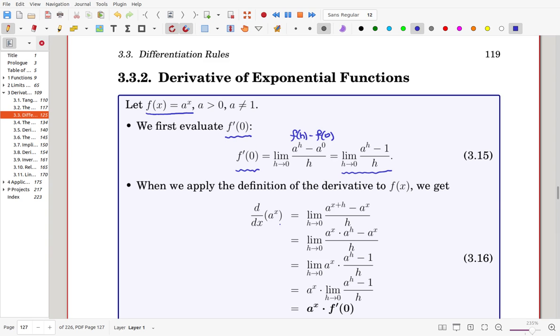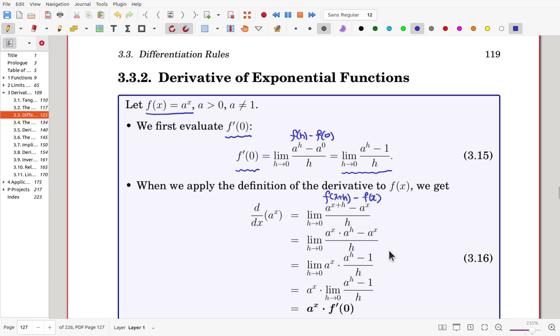So here, by using the definition, the derivative of a to the x is the limit as h approaches 0 of f of x plus h minus f of x, divided by h. So f of x plus h is a to the x plus h, and f of x is a to the x.